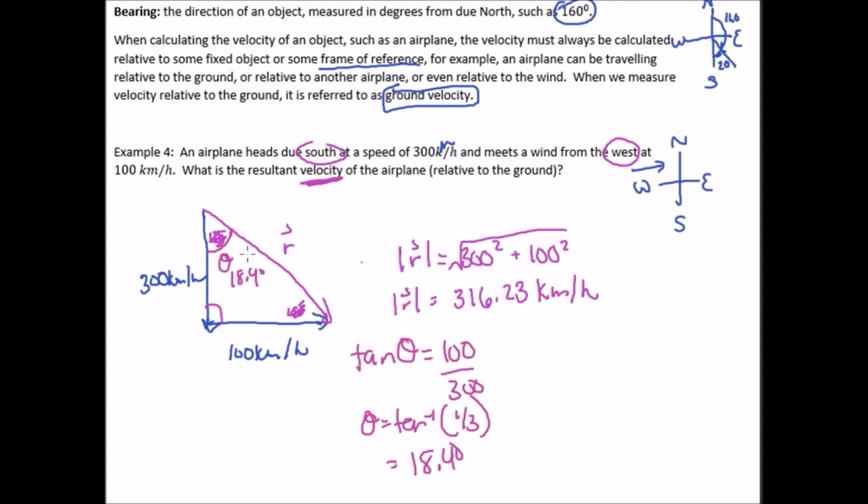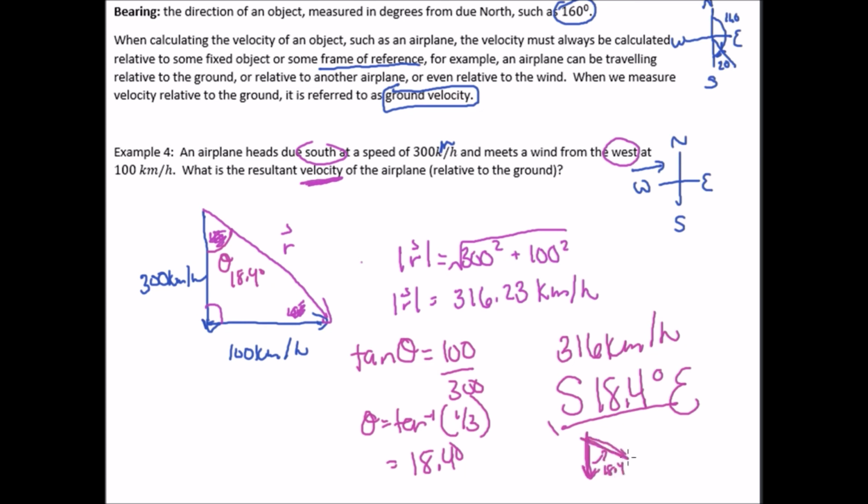So the airplane is flying at 316.23 kilometers an hour at an angle of south 18.4 degrees east. When we read this, we start at south and then move 18.4 degrees toward the east, which is here. The other way we can do it is with bearing.